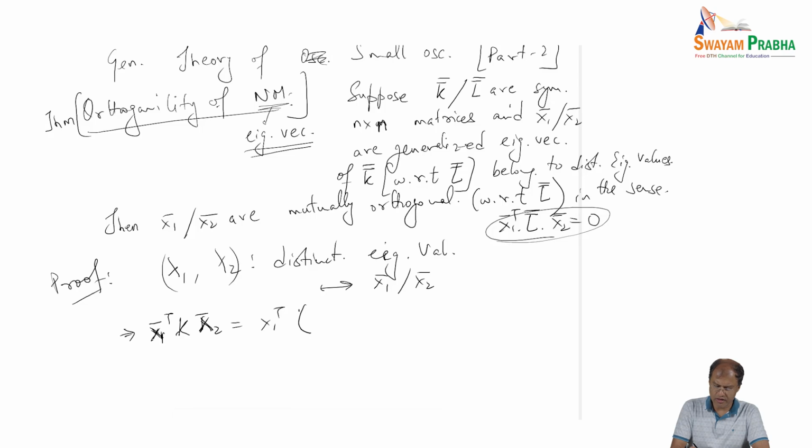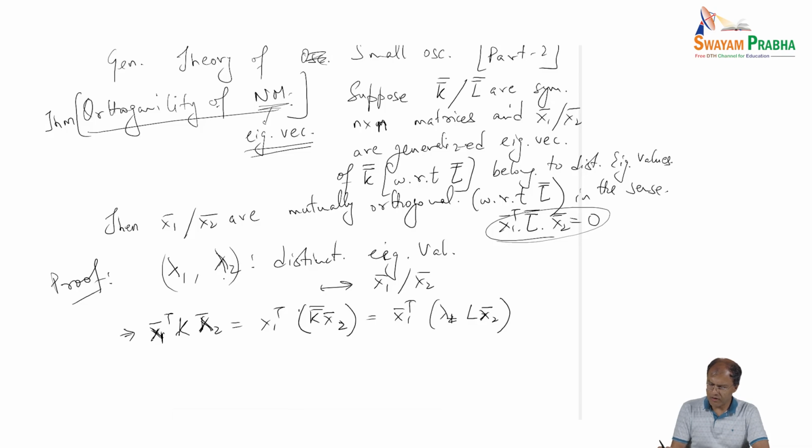Let us multiply Kx2 first, and since lambda 1, lambda 2 are the eigenvalues, we see that this is x1 transpose times lambda 2 times Lx2. Where are we getting this from?